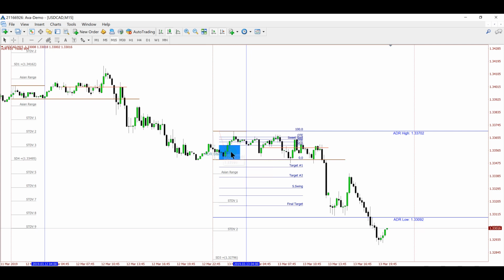I want to get rid of, not the deviations. There you go. So this box represents half of the range here. Now, if we break below this, that takes us right to that first level right here. Okay, that's all that it is.